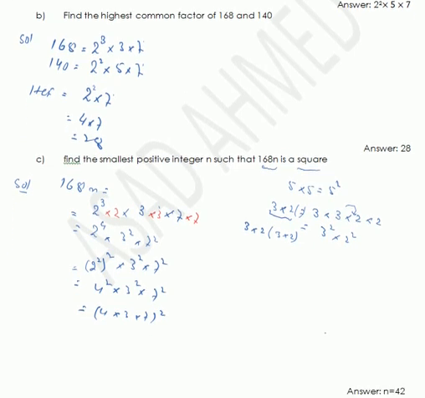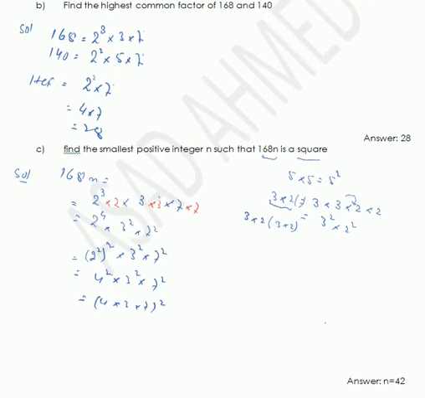So 168n is equal to 168 multiplied by n, and n is 2 multiplied by 3 multiplied by 7. So it is 168 multiplied by 2 3s are 6, 6 7s are 42.